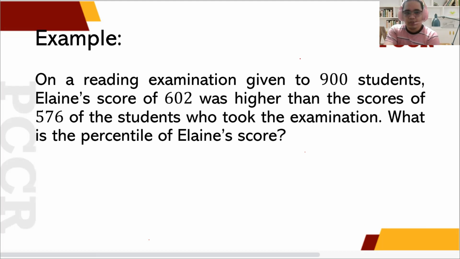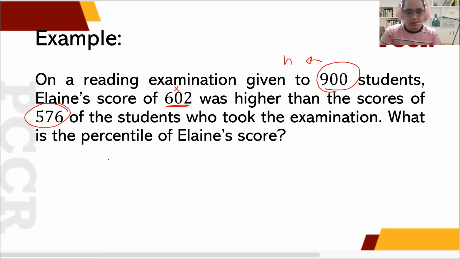For example, on a reading examination given to 900 students, we know that this is N, since that is the sample we have. Elaine's score of 602, this is X, that is her score, was higher than the scores of 576.